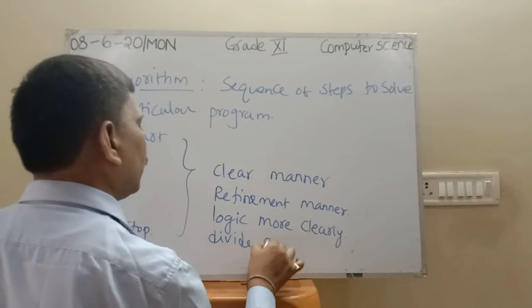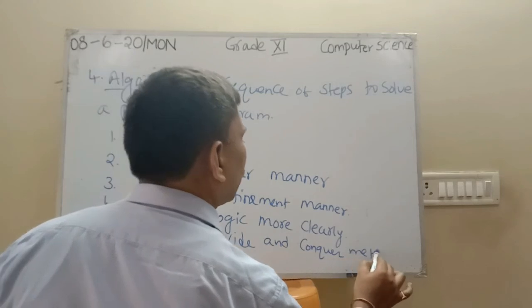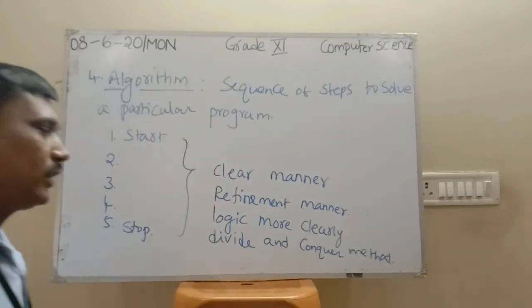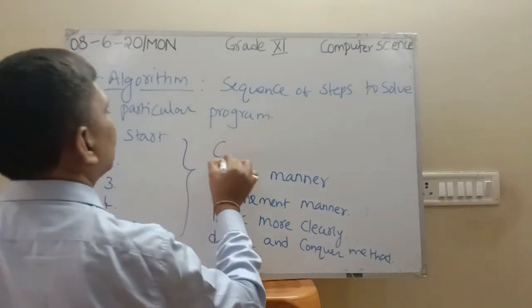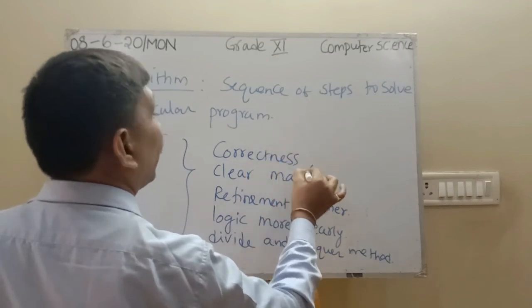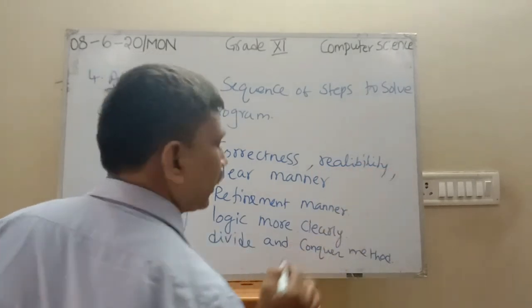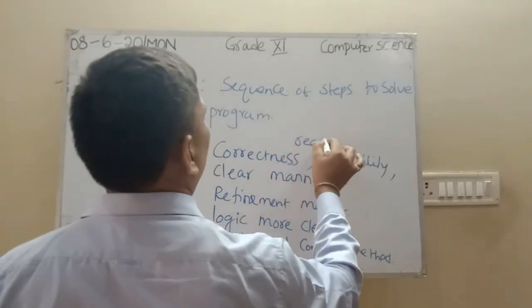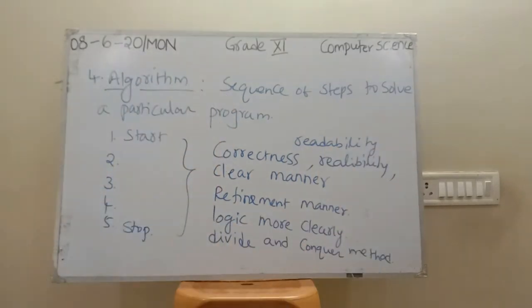Divide and conquer means we divide the entire problem into sub-problems. Clear manner. It consists of correctness, reliability, readability. These are the characteristics of an algorithm.